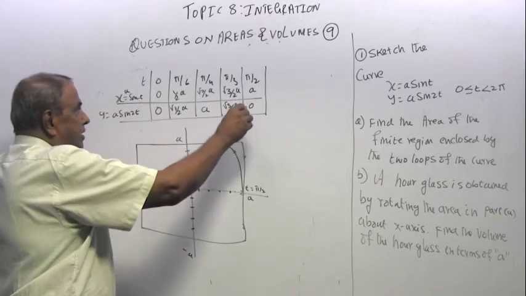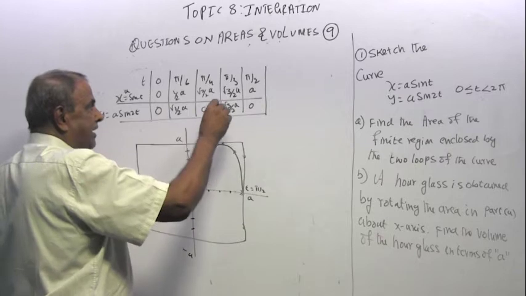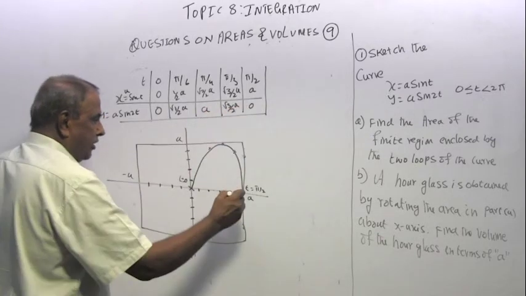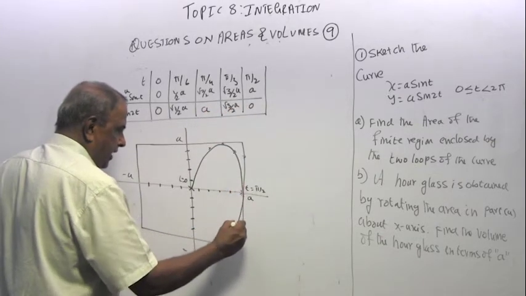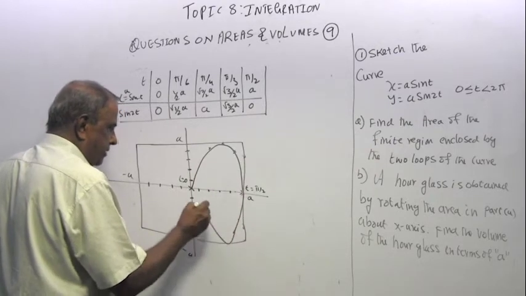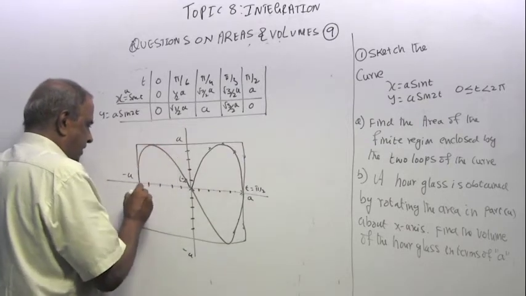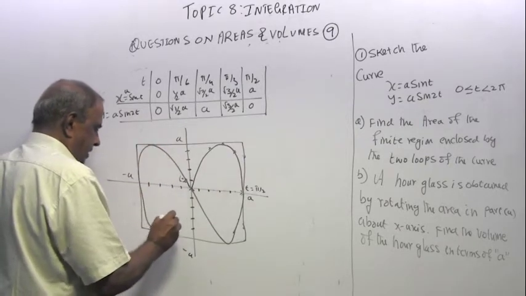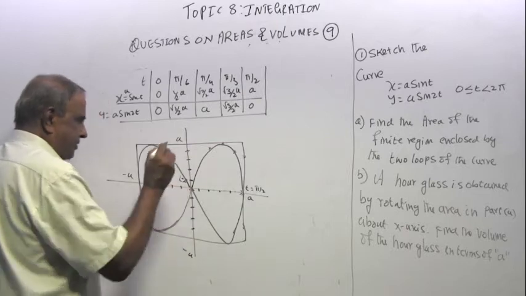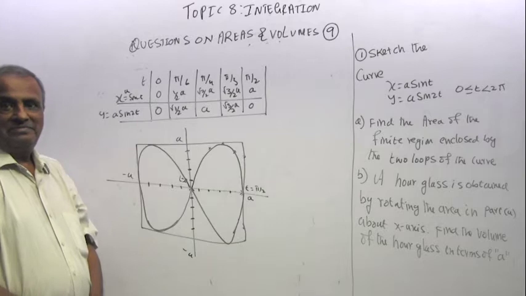Whereas this one starts at negative root 3 over 2a, negative a, negative root 3 over 2a, 0. So by symmetry, that graph goes somewhere like that. So common sense tells you it goes like that, and then it goes like this. That's the hourglass. Very nice.